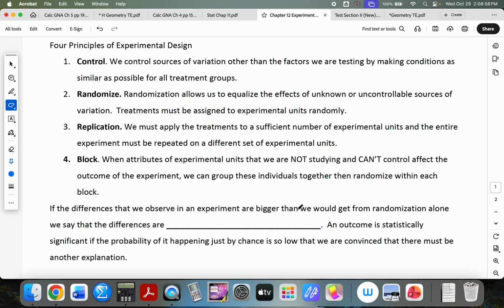Randomization allows us to equalize the effects of unknown or uncontrollable sources of variation. Treatments must be assigned to experimental units randomly. You can't have one group volunteer to take this and another group volunteer to do something else.